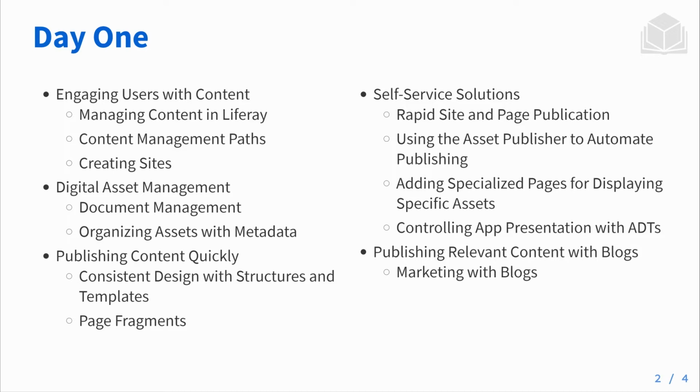From there, it takes a lot of time to do a lot of things in the content world, so we're going to see how we expedite some of those things. The first thing we're going to look at is web content. Web content has what we call structures and templates. Typically when we created web content, it was kind of manual.